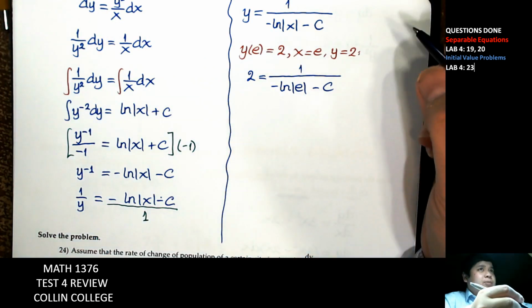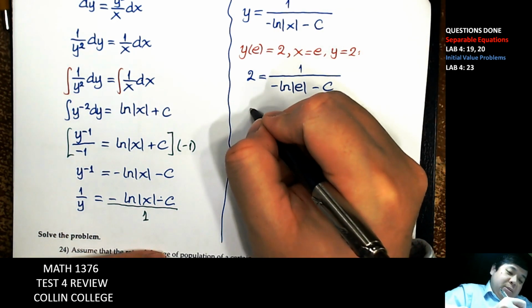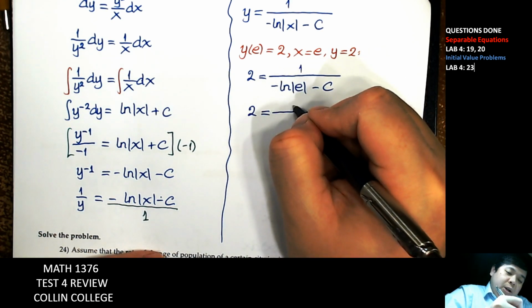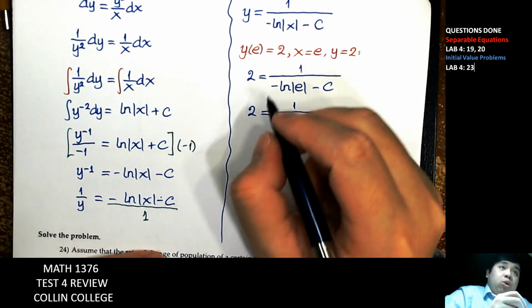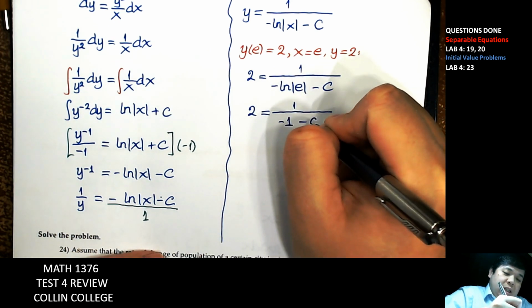Right. Now we have 2 equal to 1 over, ln of e is going to be 1, so we have minus 1 minus c.